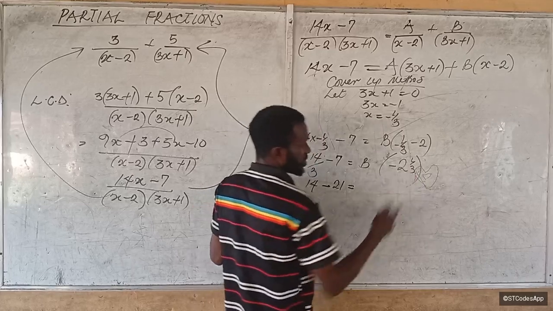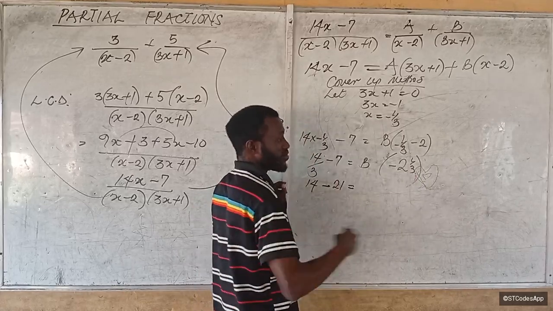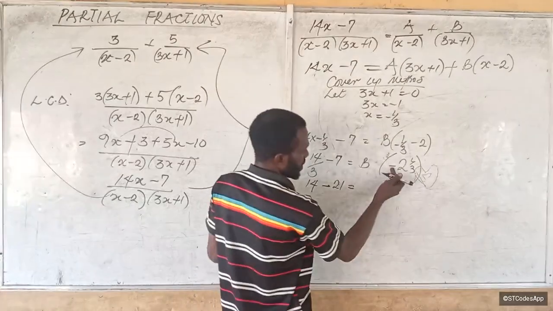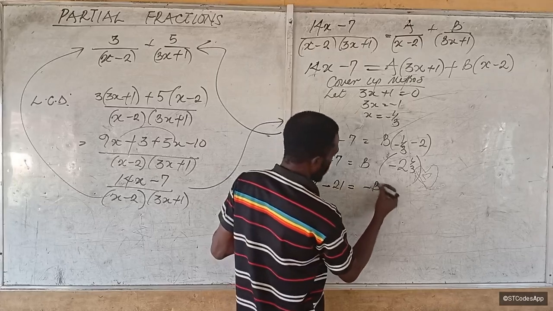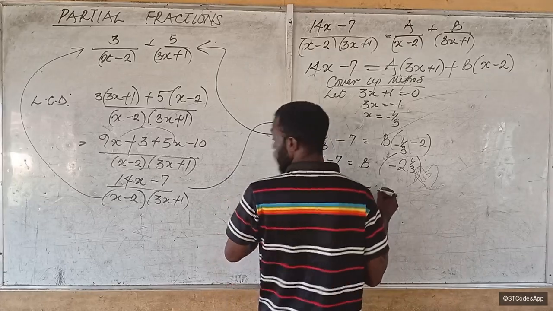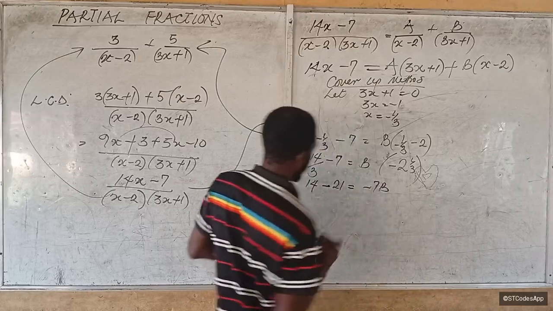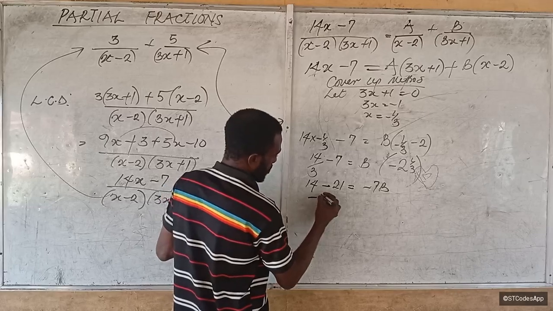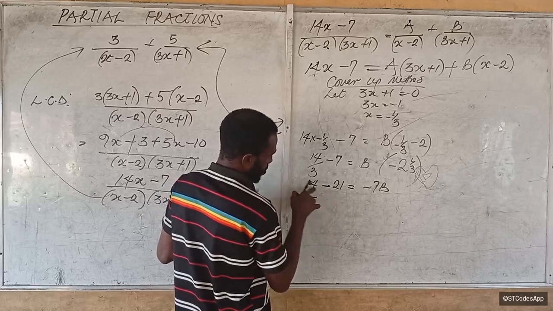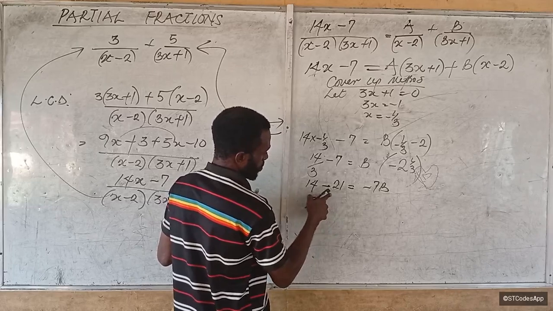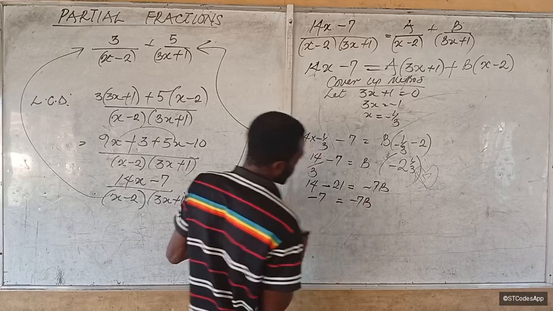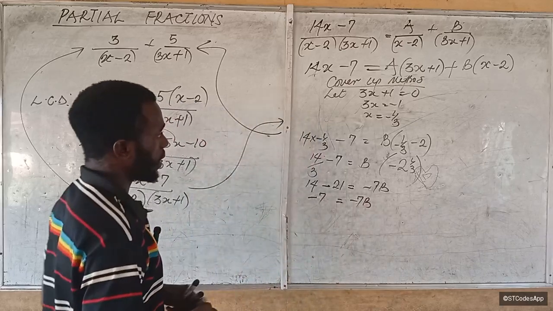This will be 2 times 3, 6 plus 1, 7 over 3. 7 over 3 times 3 will give you 7, right? But there's a negative here, so it becomes minus 7b. So 14 minus 21, that is minus 7, is equal to minus 7b, okay?